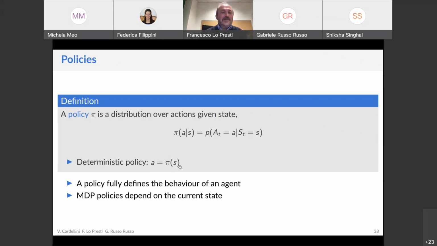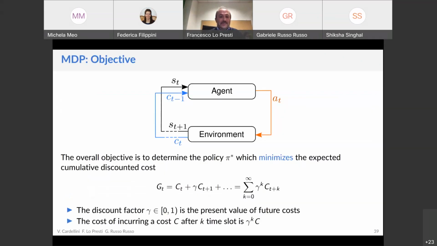I am in a particular state, I do some particular action. A policy defines how the agent behaves. So this is the final outcome of our work. And in an MDP, the policy depends only on the current state, which needs to be properly defined.